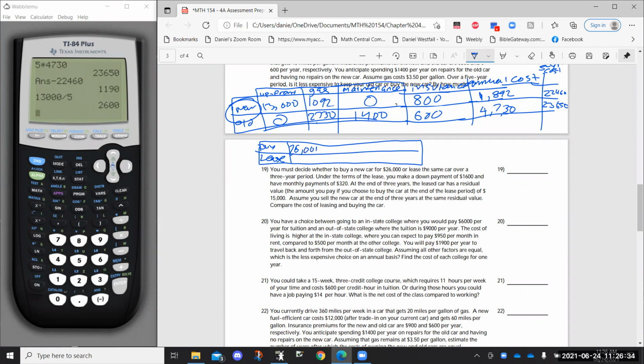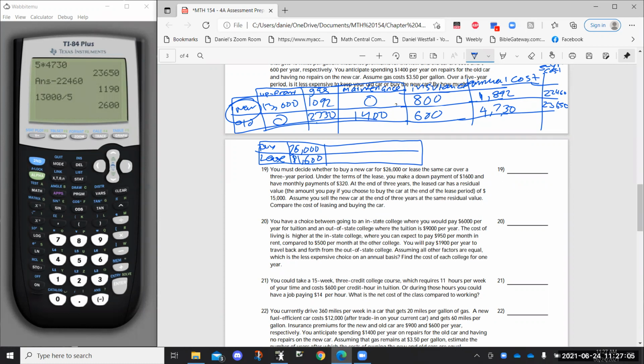I'm not going to be able to label everything because of space here. No upfront costs for the, let's see, for the lease, I have to make a down payment of $1,600, right? So those are my upfront costs.